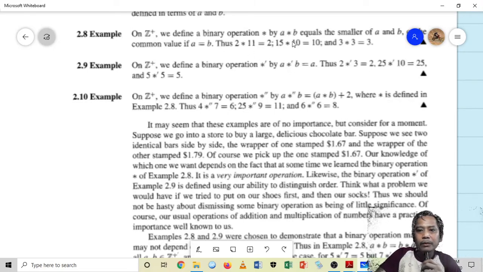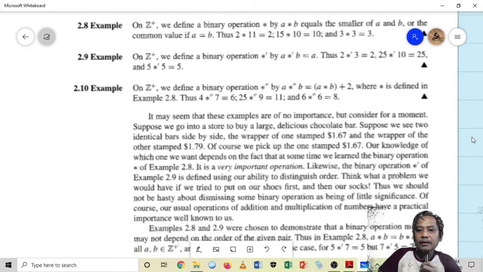Going back to example 2.8, asterisk means the minimum of the two. So for example, in this example, 4 asterisk double prime 7 would be 6.